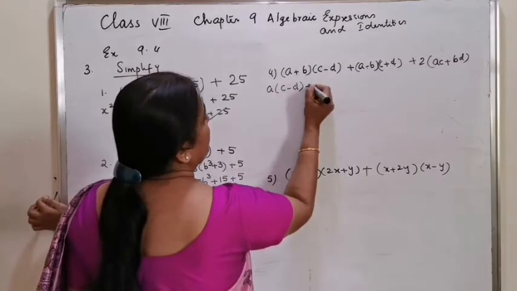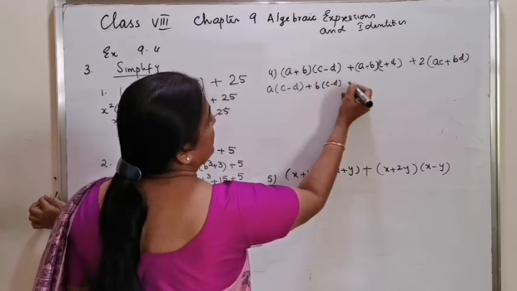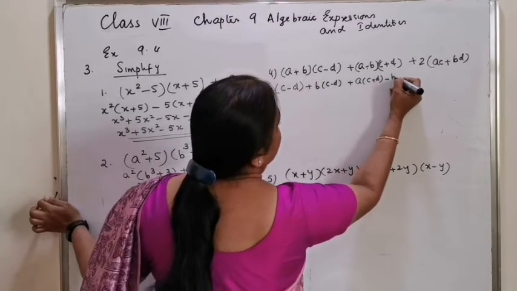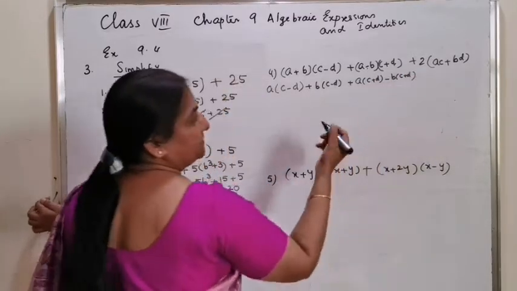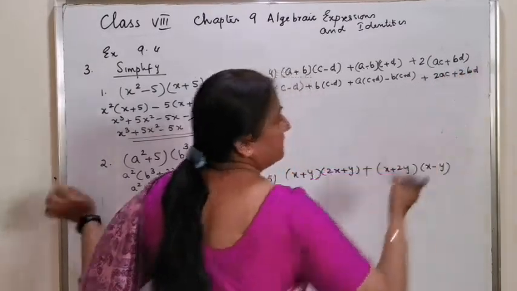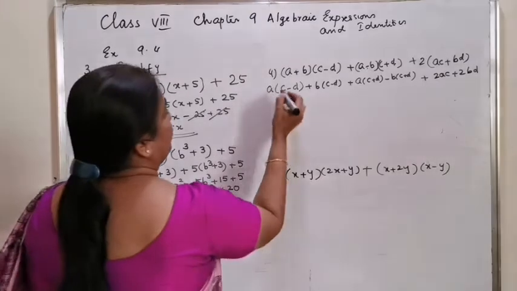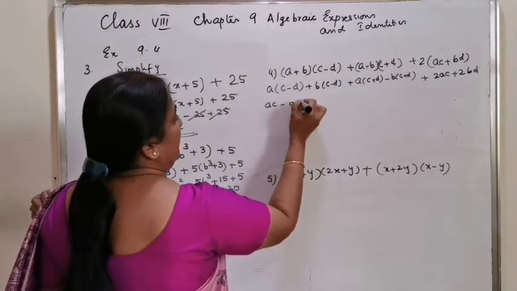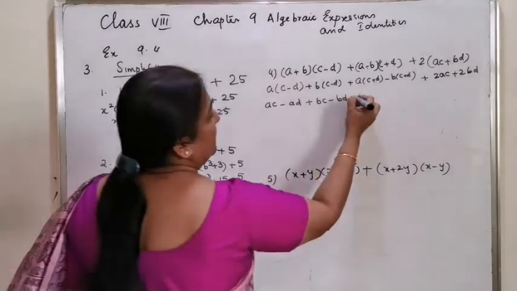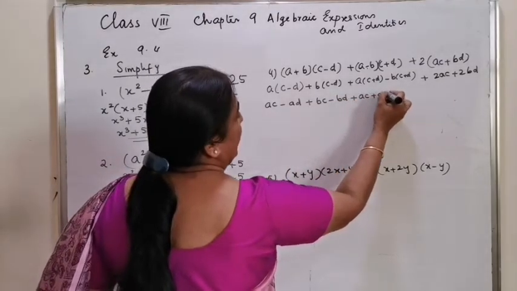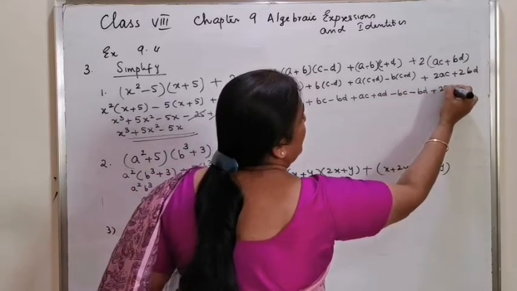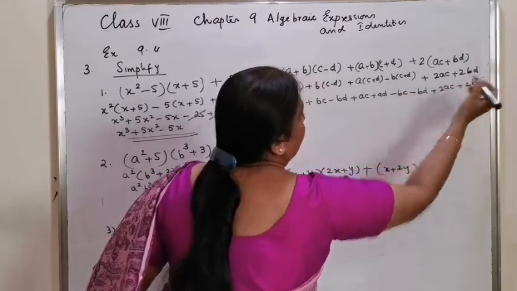A into c minus d plus b into c minus d plus a into c plus d minus b into c plus d plus 2ac 2bd. Now you can expand. AC minus AD plus BC minus BD plus AC plus AD minus BC minus BD plus 2AC plus 2BD.